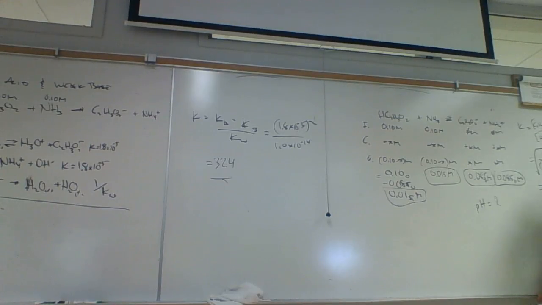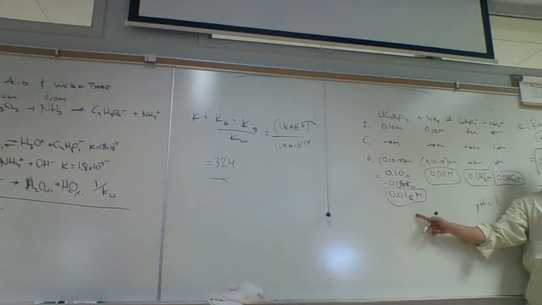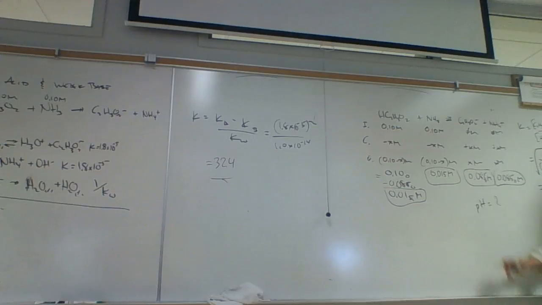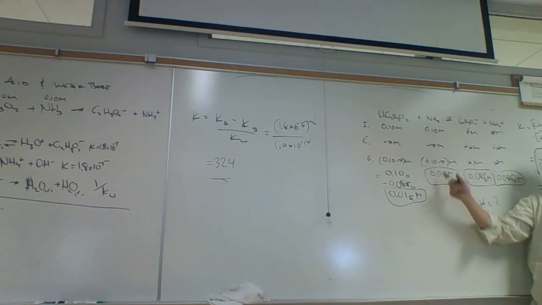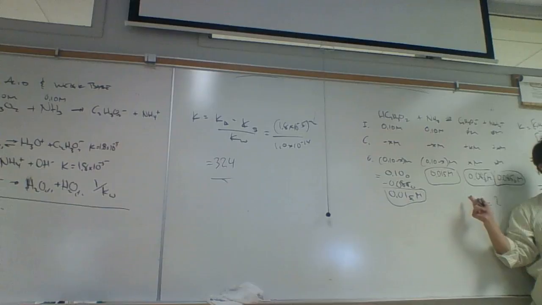The hydronium ion contributors in this mixture are acetic acid, ammonium, and water. That'll give me my hydronium, but I also need the hydroxide because I have hydroxide contributors here. The hydroxide would be from ammonia, acetate, and water.